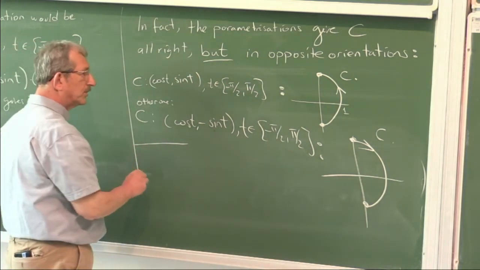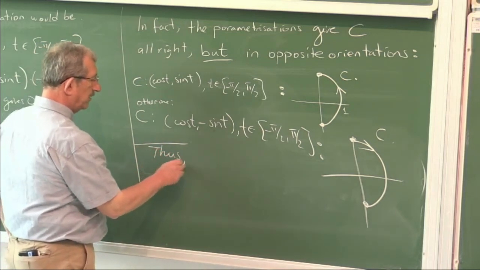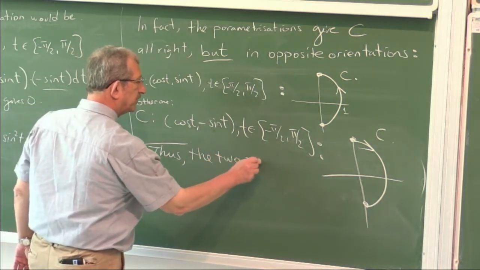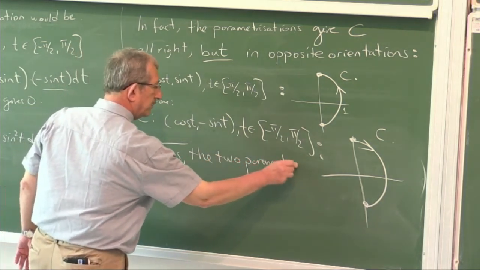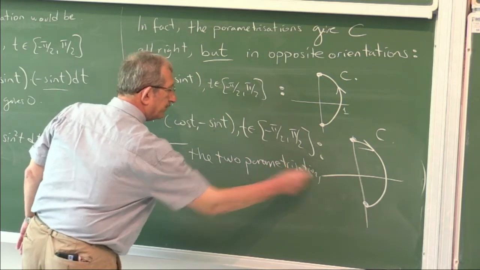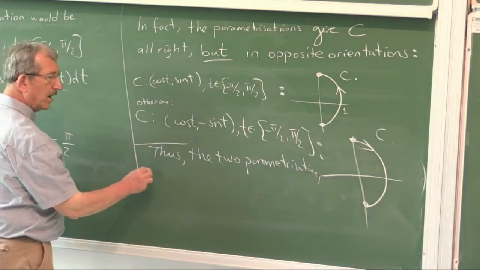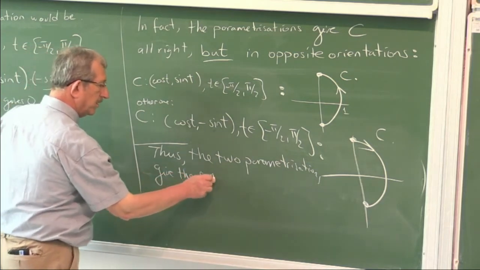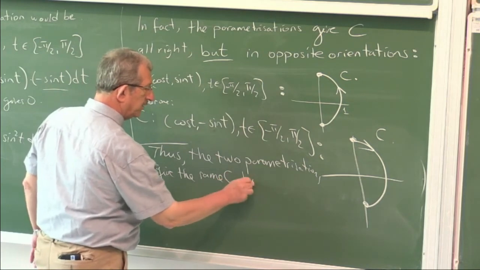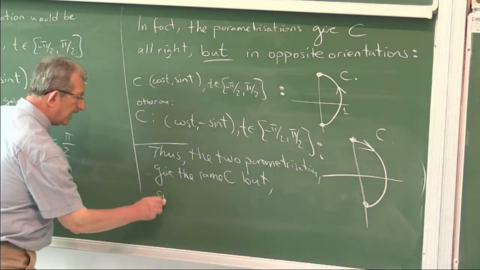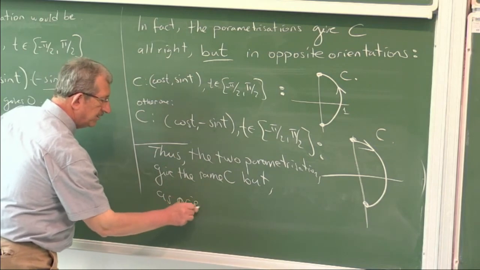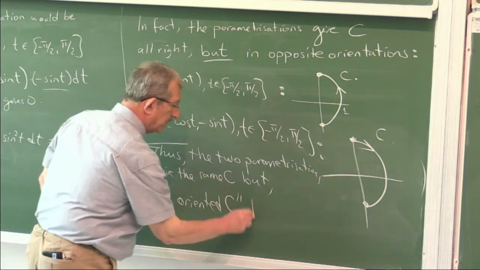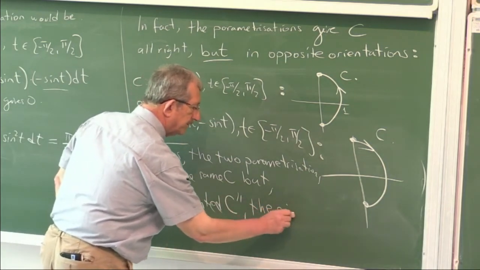So this example shows us that the two parametrizations give the same C, but as oriented C, they give different C's.